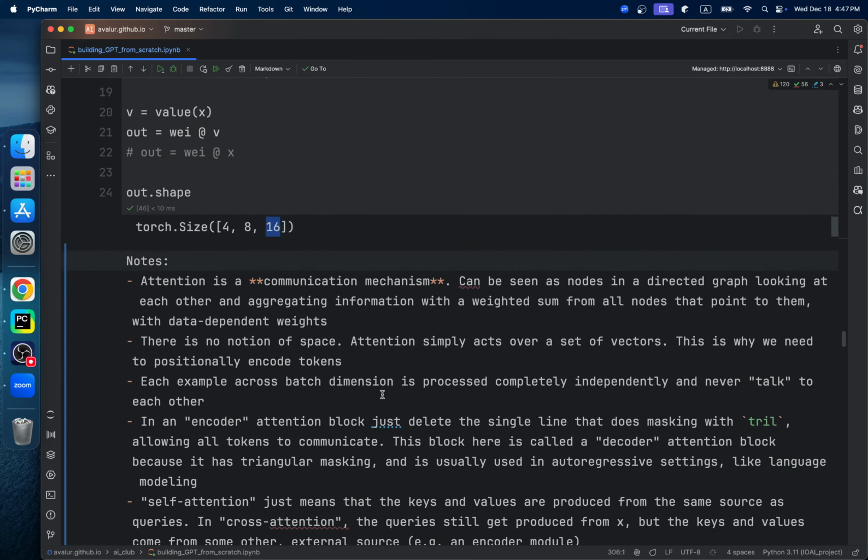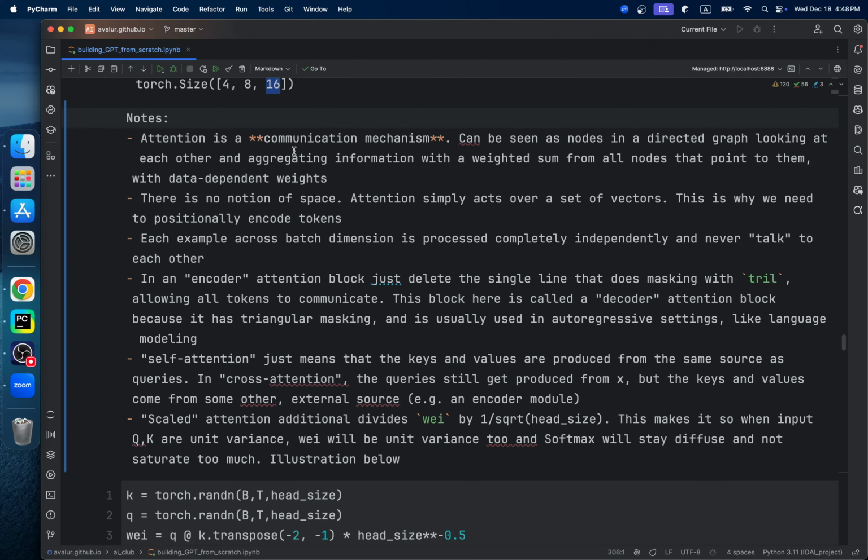Okay, so some notes about attention: it is a communication mechanism between token embeddings. Just inside an attention there is no notion of space. So that's why we need to add positional encodings to these token representations. And we can process all the elements across the batch dimension independently, in parallel.